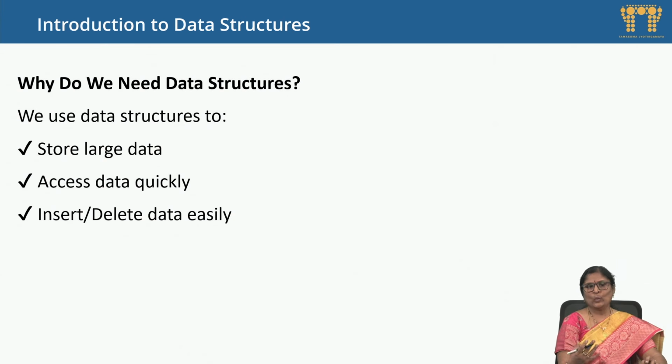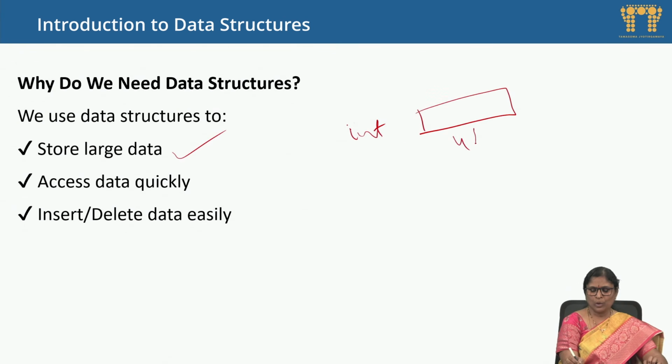Now, why do we need these data structures? We need data structures for various reasons. The first one is to store large volumes of data. If you take a normal primitive data type, suppose an integer, it allocates only 4 bytes.